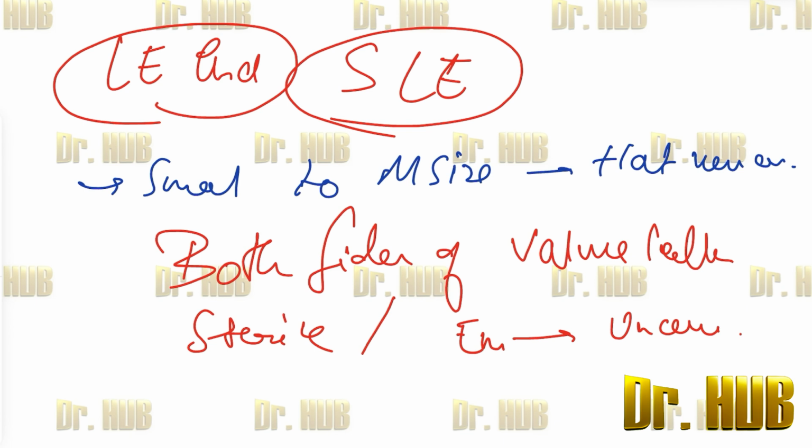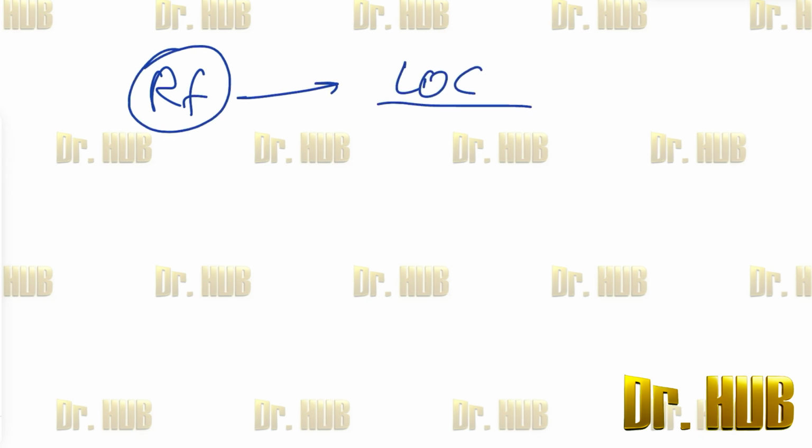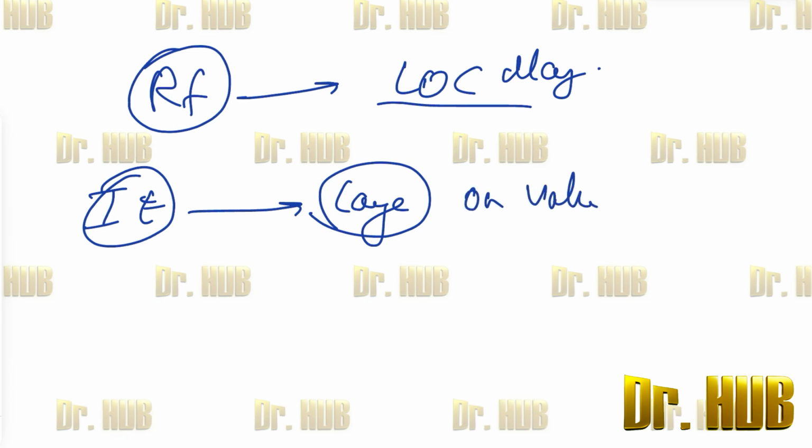So to quickly recap, the image-based questions are very important in this case. In rheumatic fever, the vegetations are along the line of closure, LOC. Next, infective endocarditis: large irregular masses on the valve cusps.